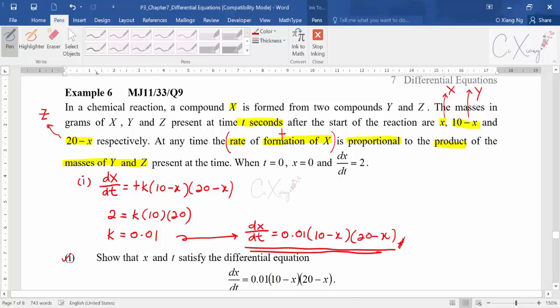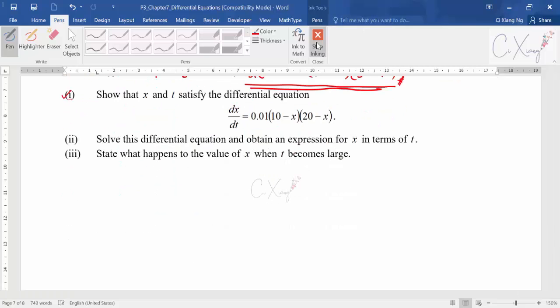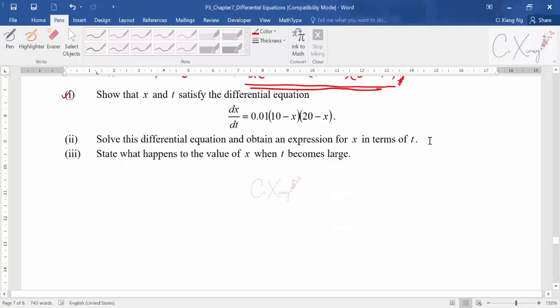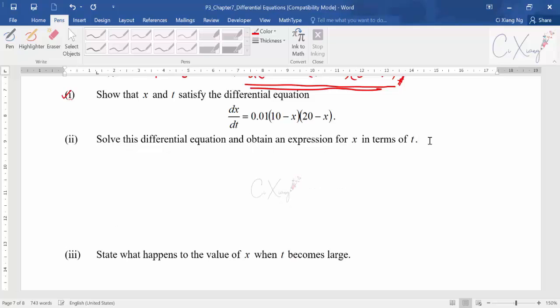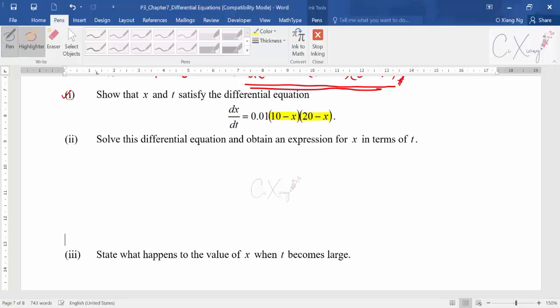Okay, now we can proceed to the second part. For the second part, they want you to solve the differential equation, and after that express x in terms of t. First of all, I will try to separate the variables. I want to separate this over to the left, and the dt to the right-hand side.